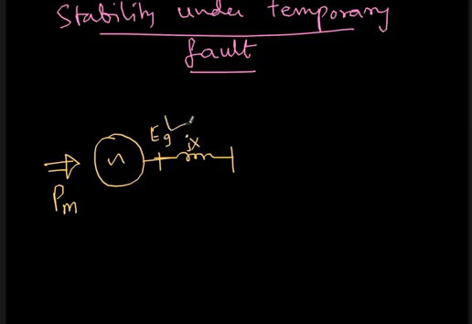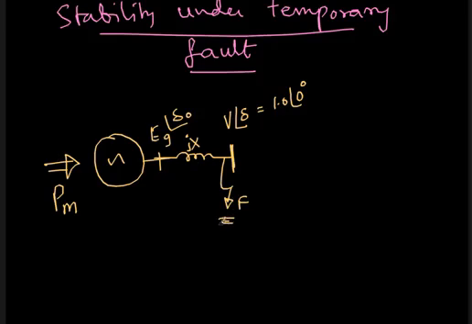And then this EG, you can think of having some delta naught as the initial angle. And imagine this as your reference bus V at an angle of delta, which I'll assume to be 1 at an angle of 0 degrees. Now, there is a fault here on this bus.